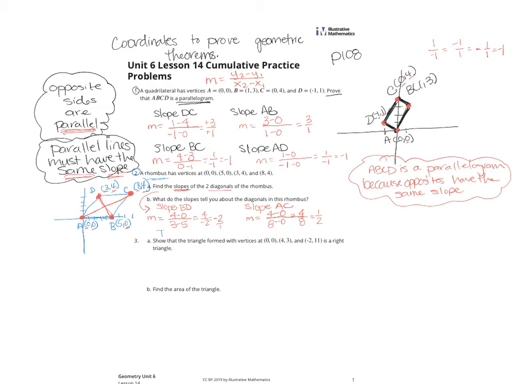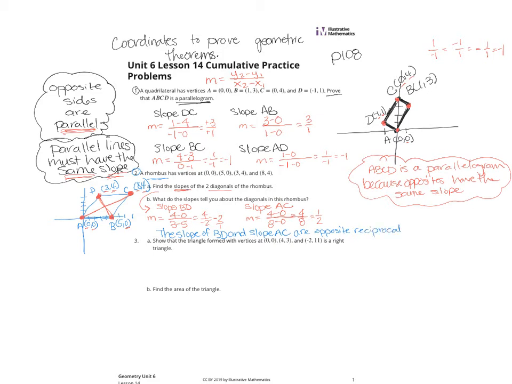So the slope of BD is negative 2, and the slope of AC is a positive 1/2, are opposite reciprocals. And what did that mean?